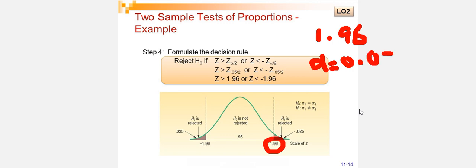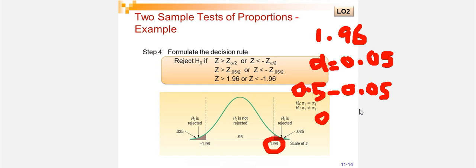Then kita ambil 0.5 tolak dengan 0.05. So what you get here? Kita dapat 0.495. Okay, 0.4950. Okay Chang, cuba you tengok dekat jadual, dapat dekat 1.96.